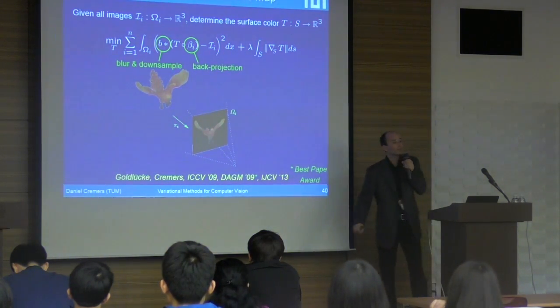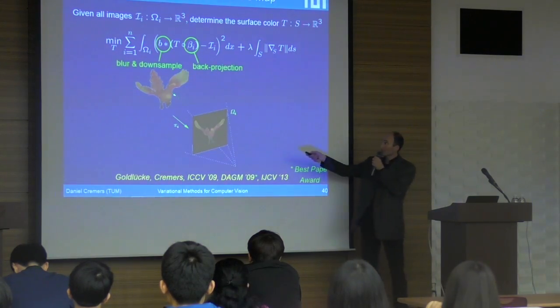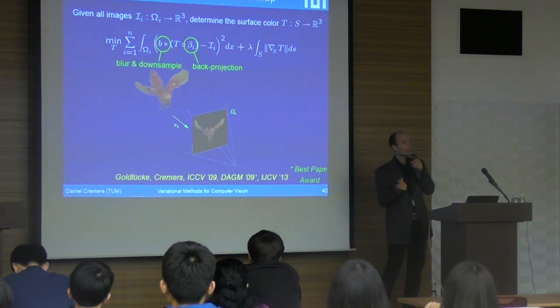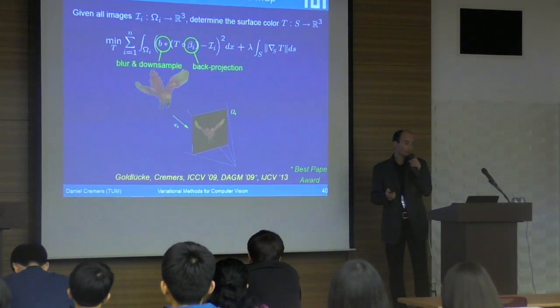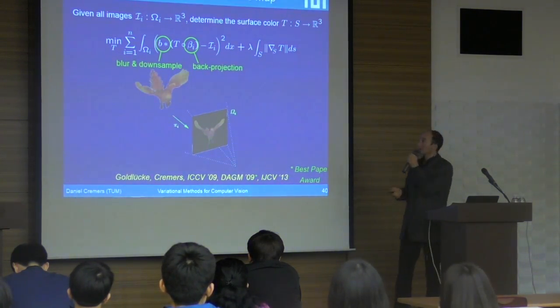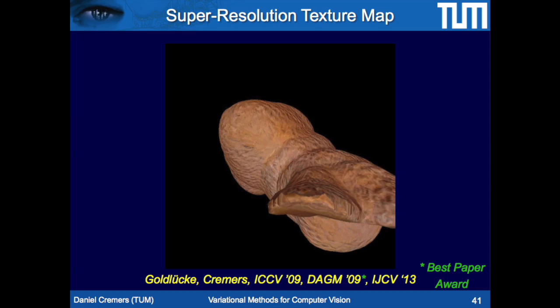So the aim is to find a coloring of the surface that is actually higher resolution than the input images. And this is in the literature called super resolution. It's been done a lot, but to my knowledge, this is the first super resolution texturing for curved geometries for 3D reconstruction.